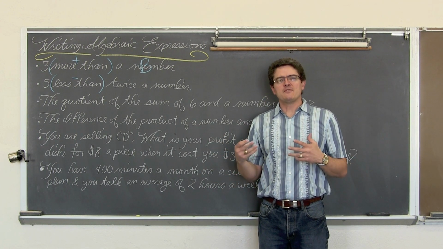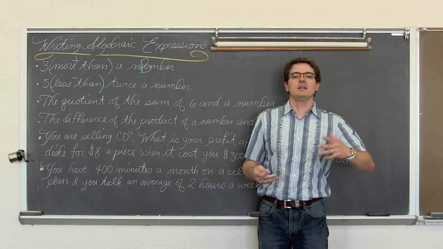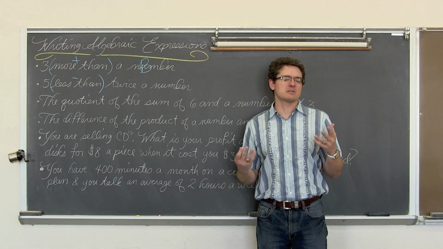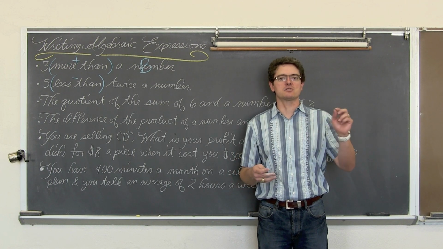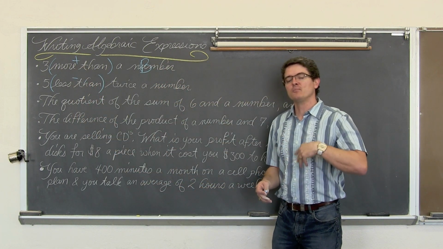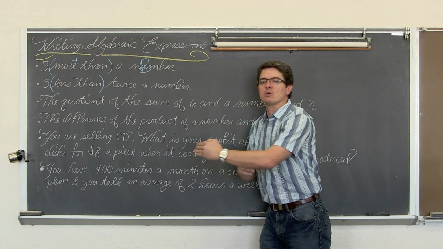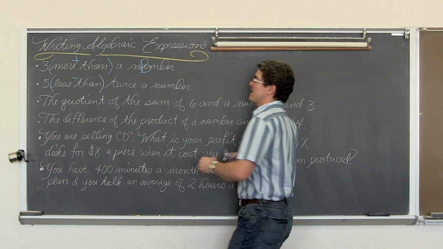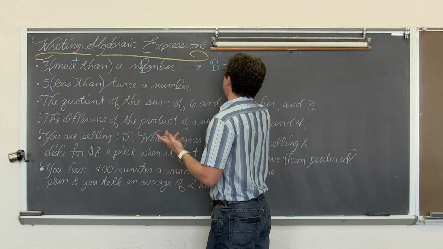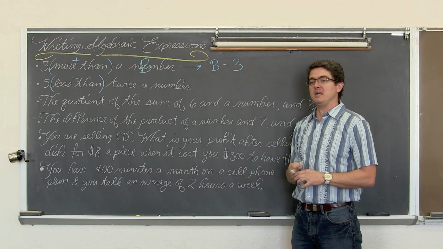But if I have $20 and I need 3 less than that, well, 3 minus 20 is negative 17, and that doesn't make any sense. It's 20 minus 3. You need to know more means add, less means subtract, but those two words together mean that you need to change the order of what you see in the sentence. So the unknown number needs to come first, and then 3 less. It's 3 less than this unknown value of b.